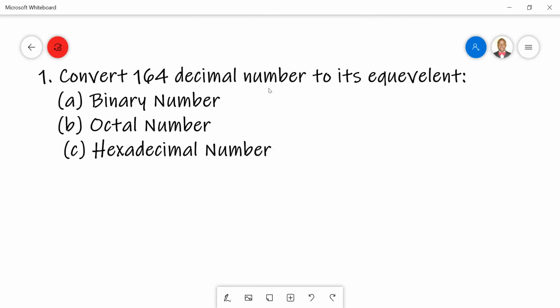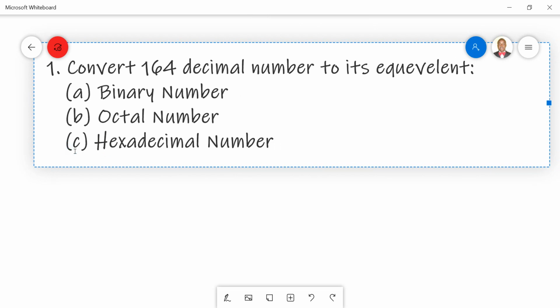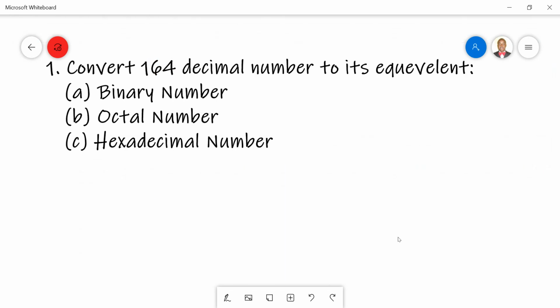Okay, guys, let's say I give you this question. I hope everyone can see now. The question says convert 164 decimal number to its equivalent binary number, octal number, and hexadecimal number. So now I'm going to show you how to convert it.